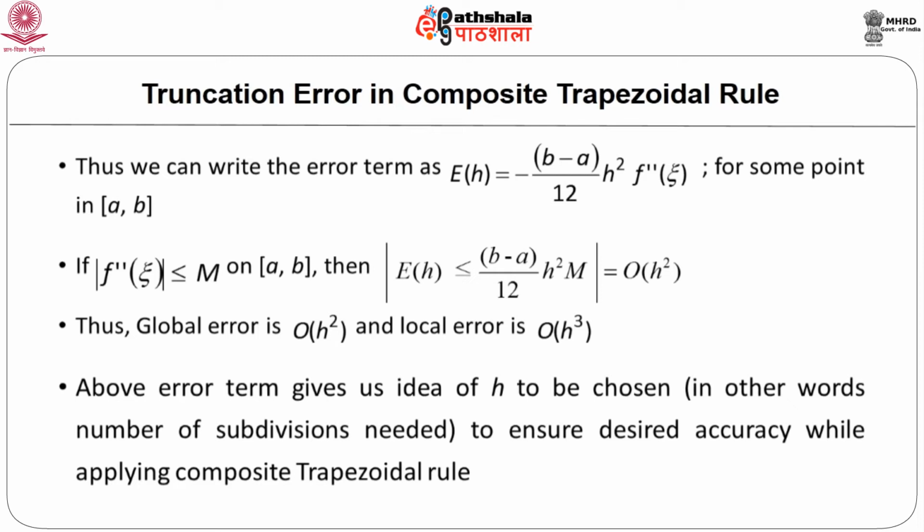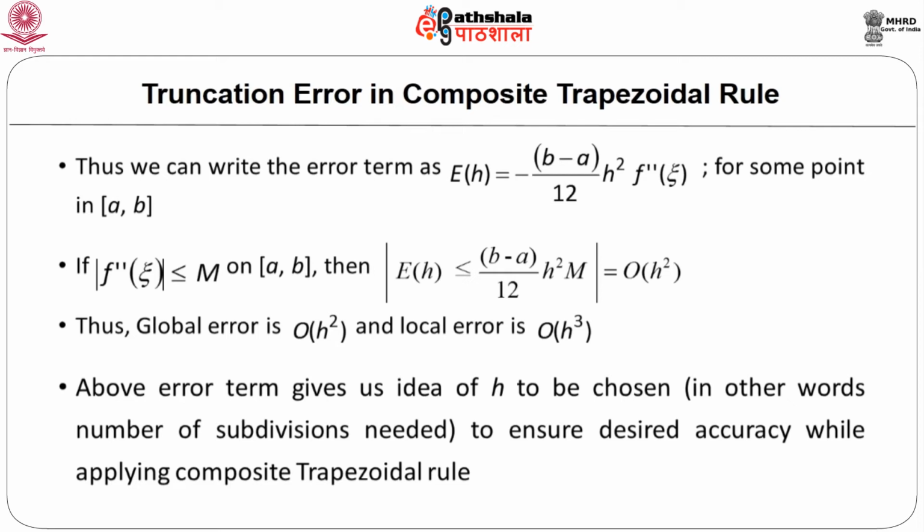And so this error term is of the order of h square. In the simple application, the error term was of the order of h cube, but here the error is of the order of h square. And this suggests that the smaller the h, which has to be less than 1, the smaller will be the error.